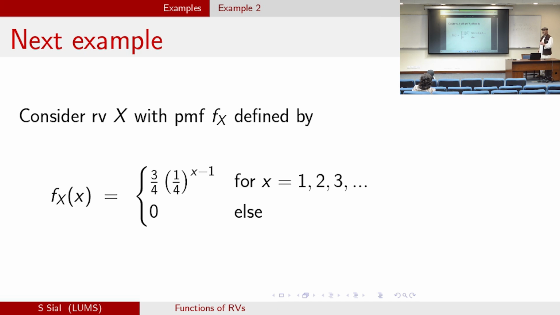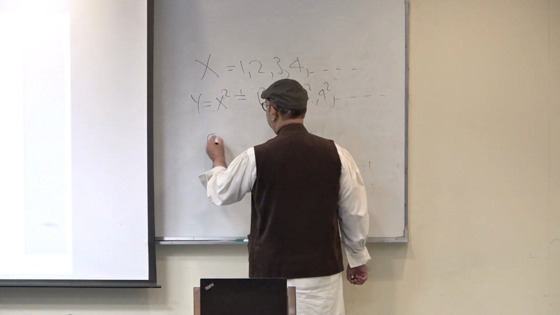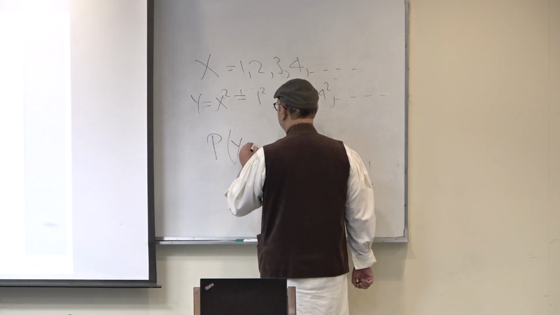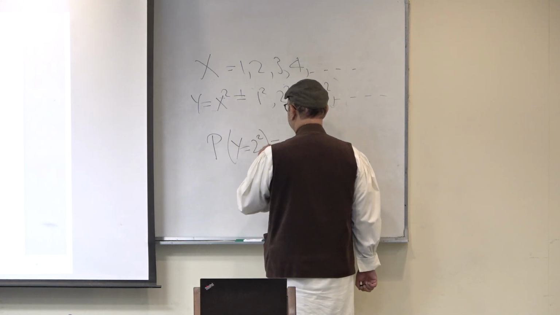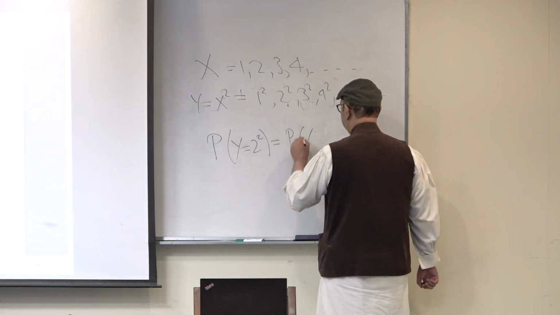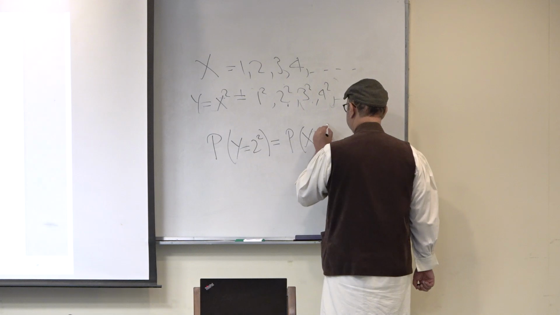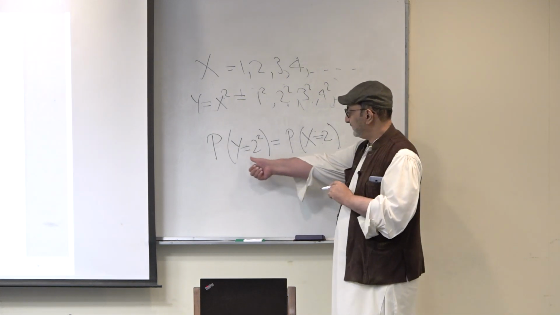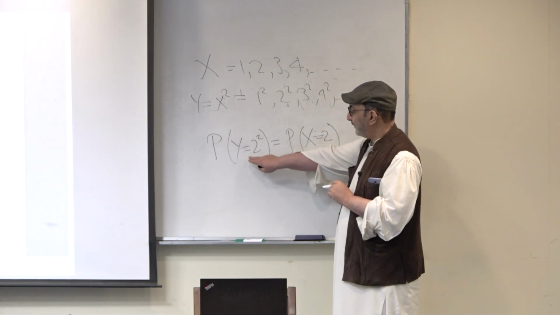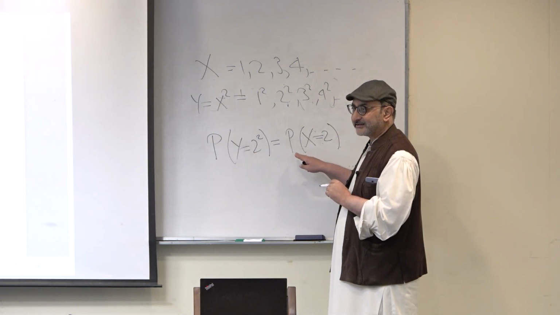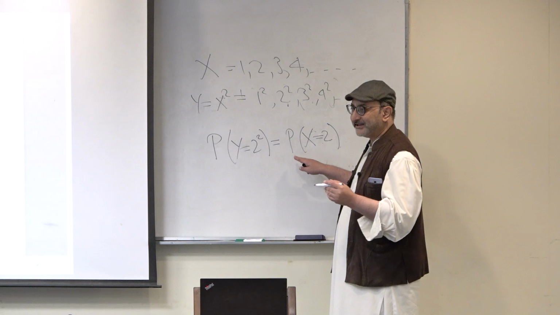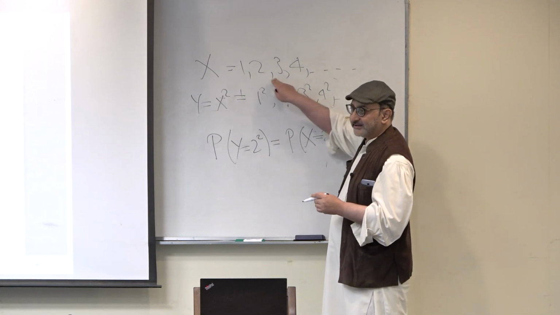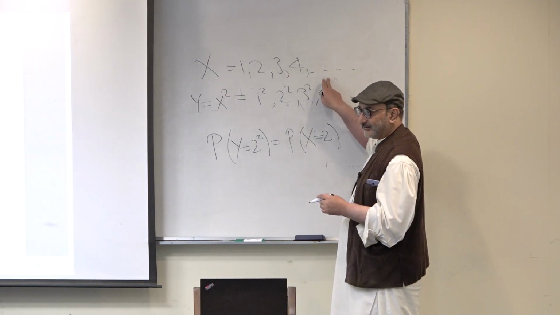So the probability that y is equal to 2 squared is the probability that x is equal to 2. I mean, we could have said if y is equal to 2 squared, then x could be plus or minus 2, but it can't because x is only taking these positive values, right?